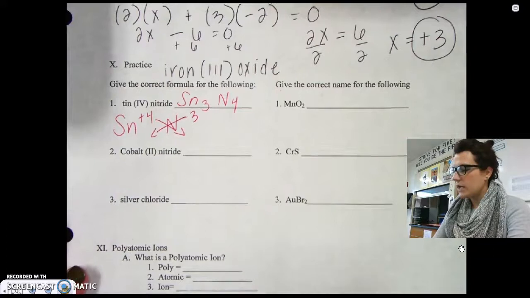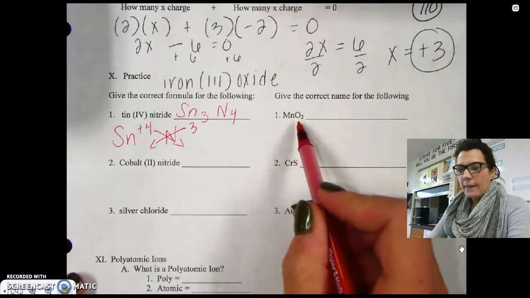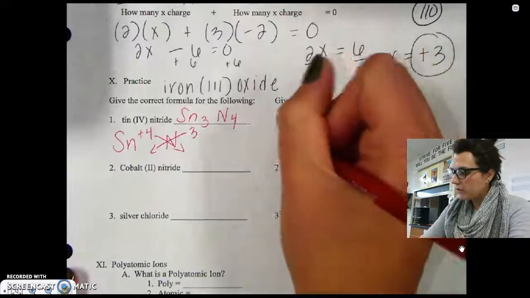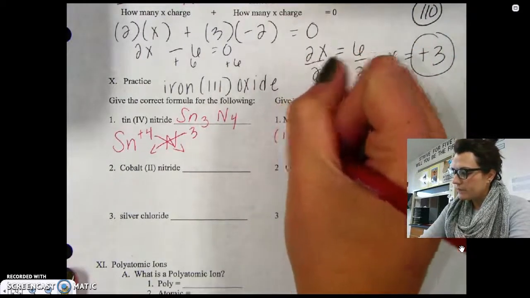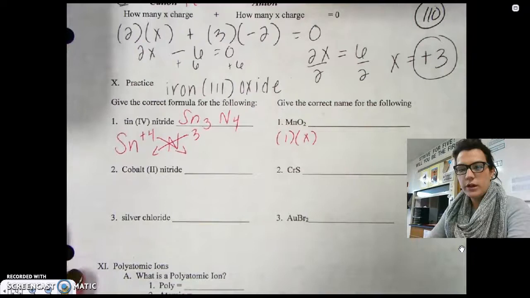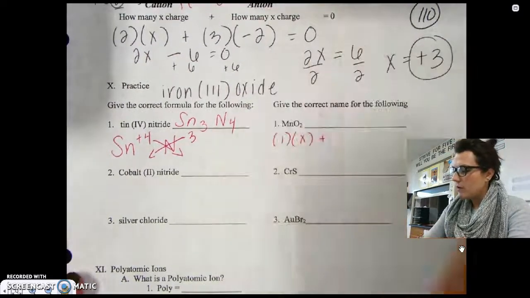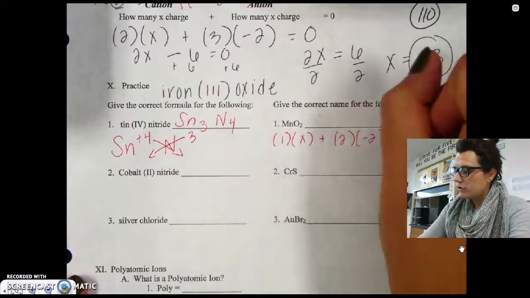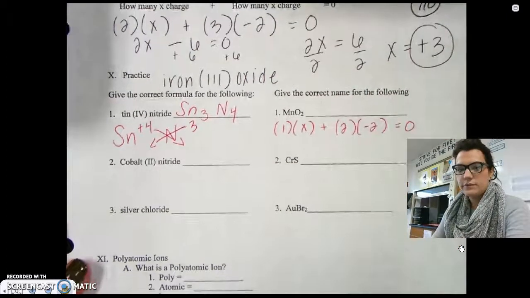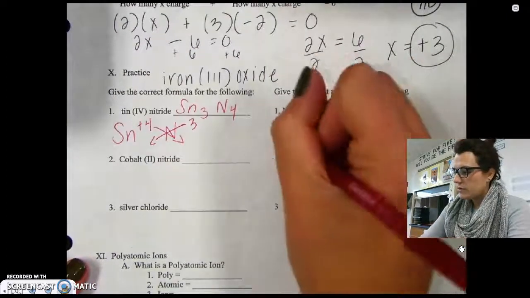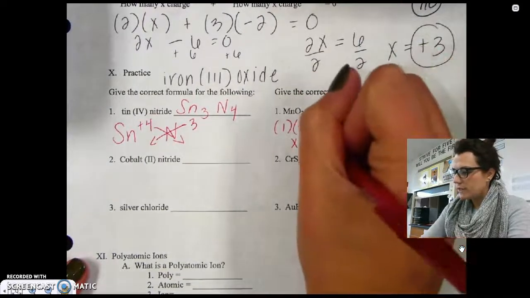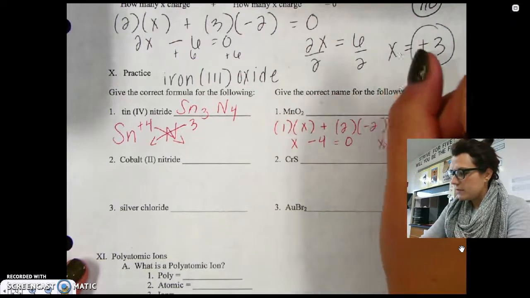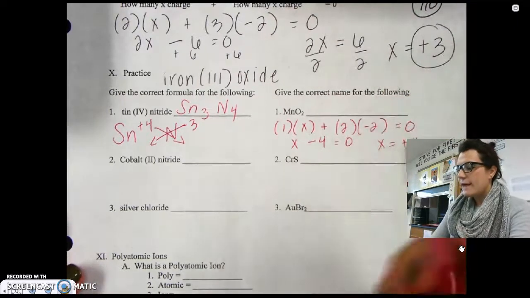All right, let's look at the next one. Okay, I'm going to do my mathematical equation here. So I have 1 cation times X, which I'm looking for its charge, plus 2 oxygens times -2, and that all needs to equal 0. Okay, so this is going to be X minus 4 is equal to 0. So X is going to be equal to +4.